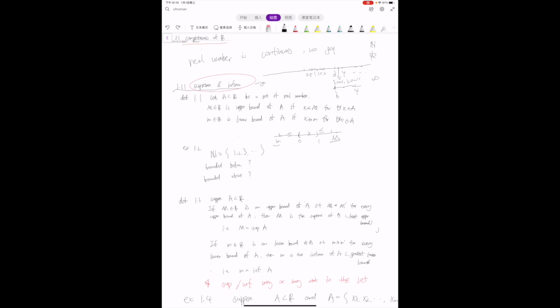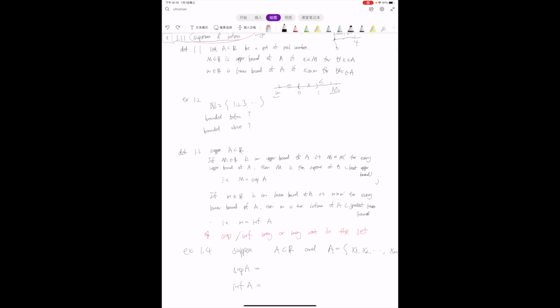Let's look at an example. Consider the natural number set, 1, 2, 3, all the way to infinity. Is it bounded below? Yes. We can consider 0.